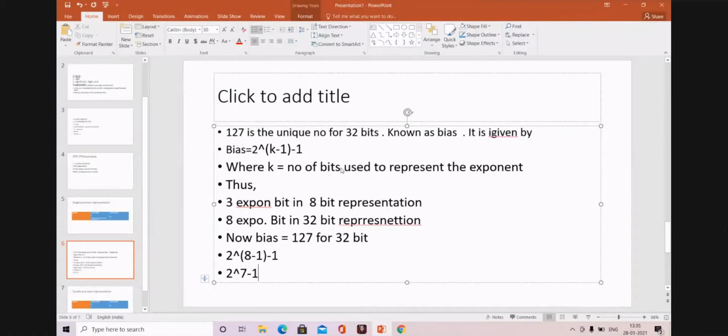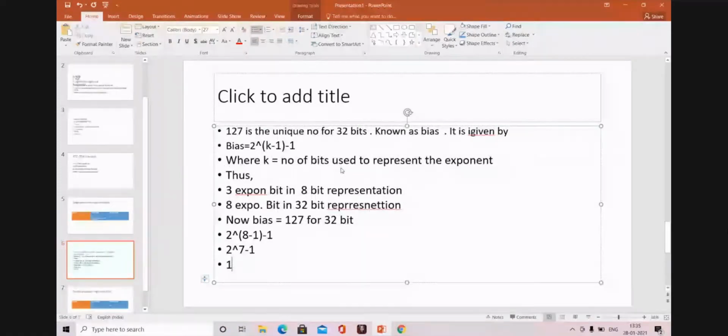What is the answer? You get 127. That is the maximum. This is how we got the 127.